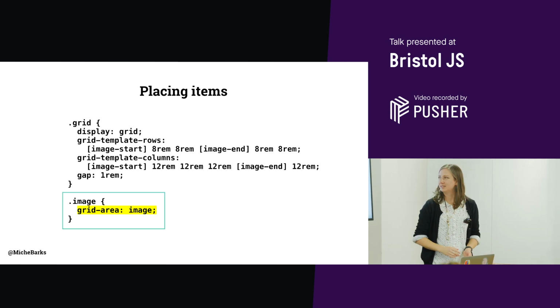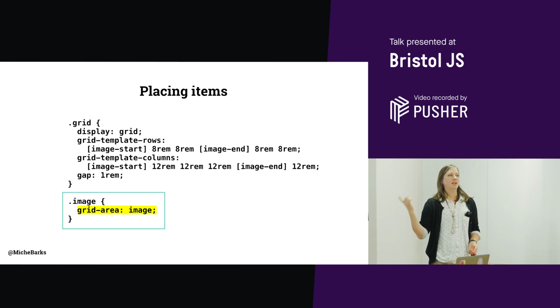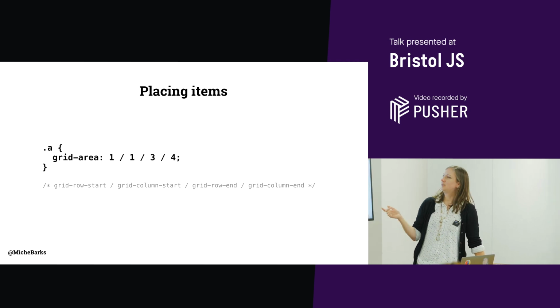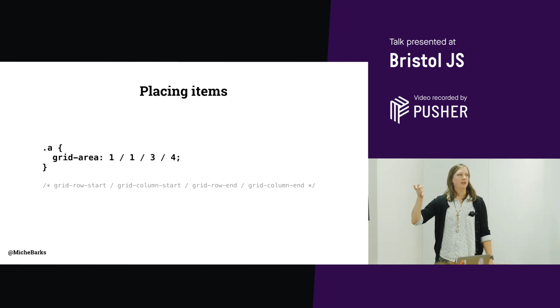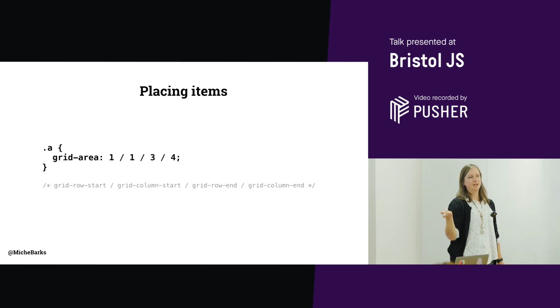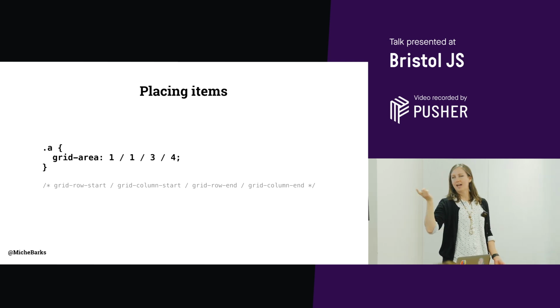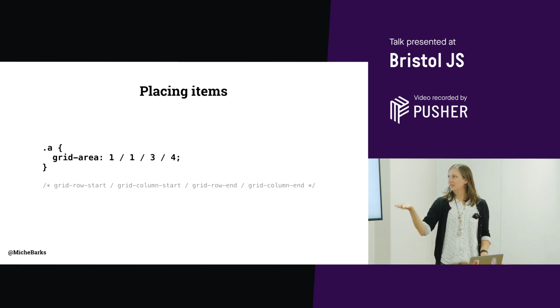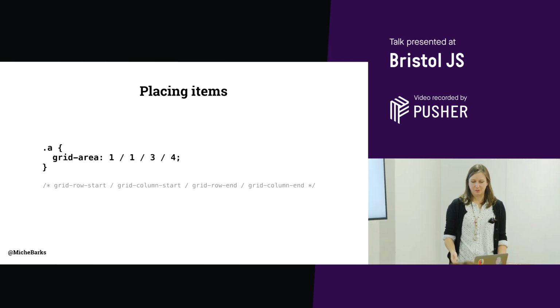So then we can just reference that entire area with the grid area property, instead of using grid row and grid column. And that's the equivalent to doing this. So grid area is shorthand for grid row start, grid column start, grid row end, and grid column end. But I think giving it a named area is much easier to read.